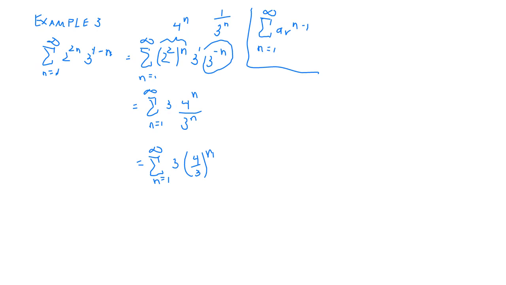Well, 4 over 3 to the nth power I can write as 4/3 to the first power times 4/3 to the n minus first power. See, I want to get the n minus 1 power in there. And then 3 times 4/3 is 4. So this is different than the way the book did it.